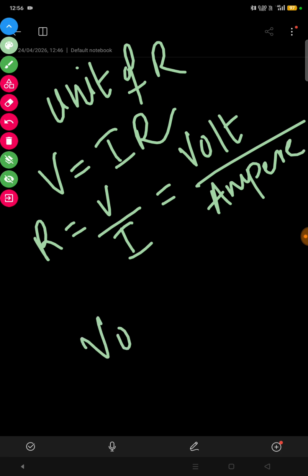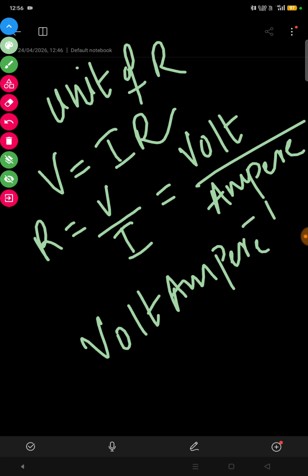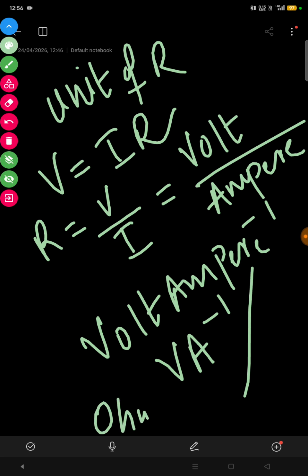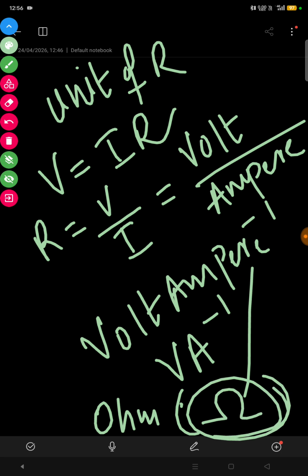So the unit is volt per ampere, which was later named after the scientist Ohm. So the unit of resistance is ohm, which is written with this sign.